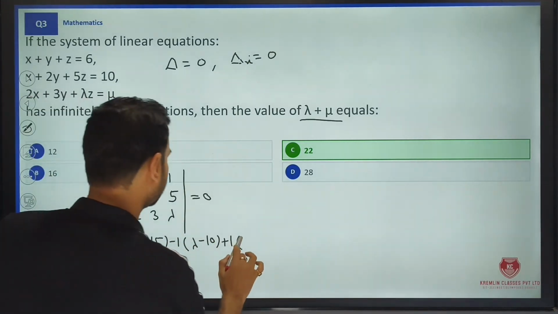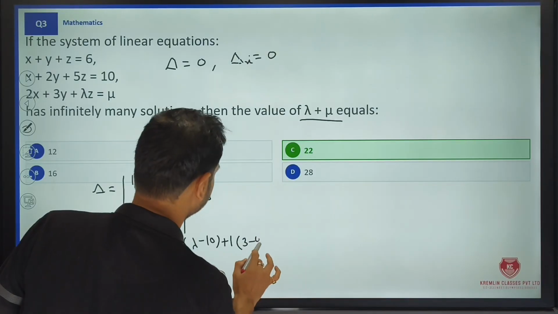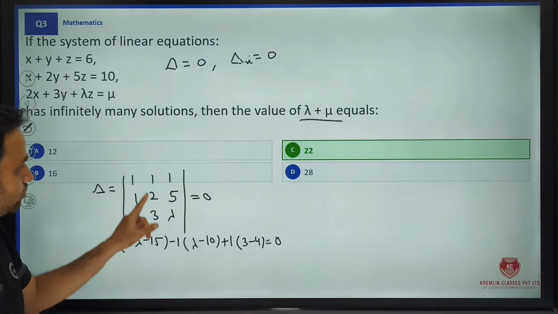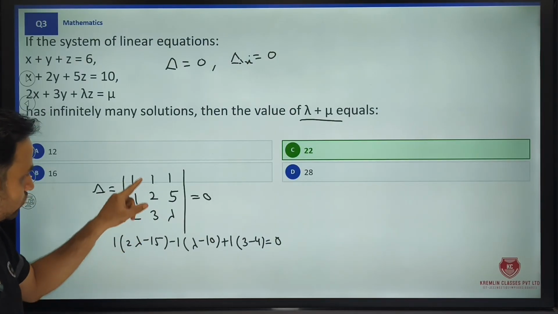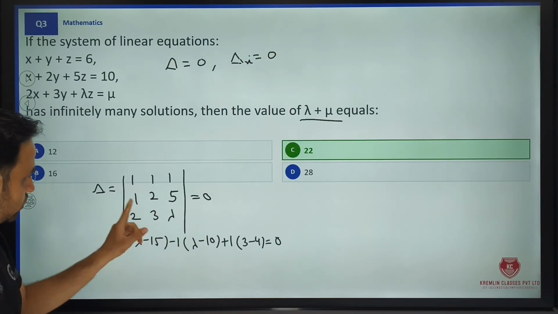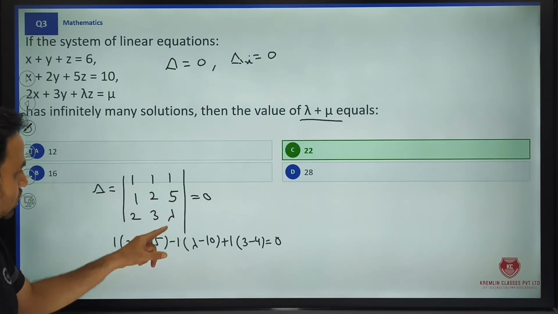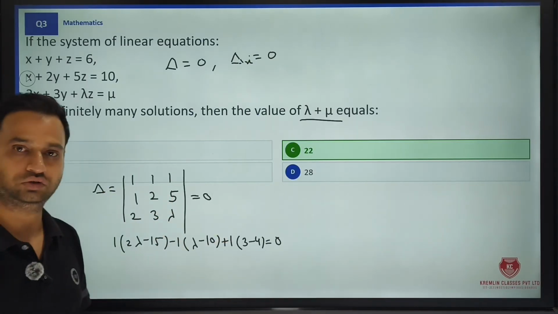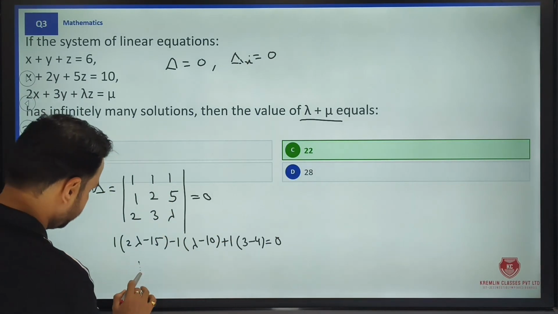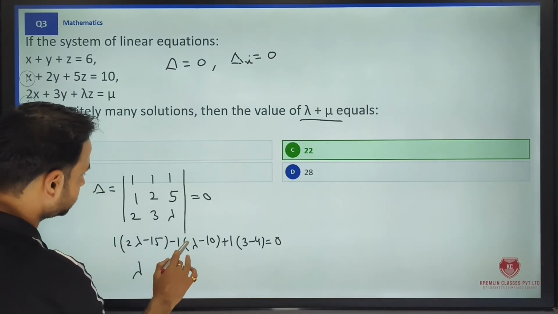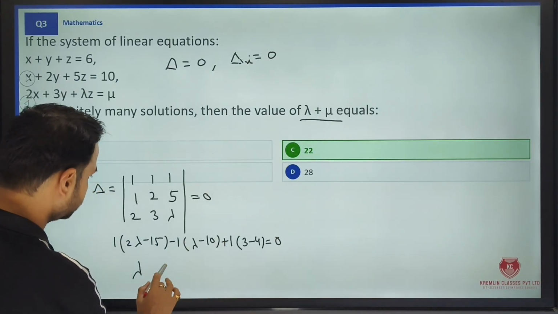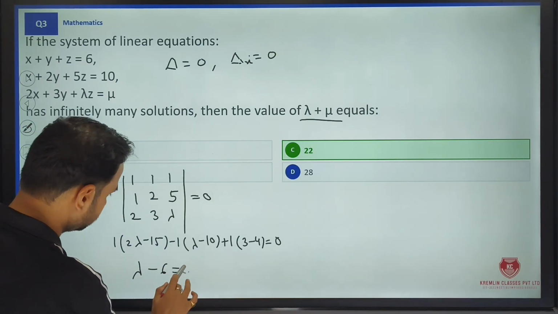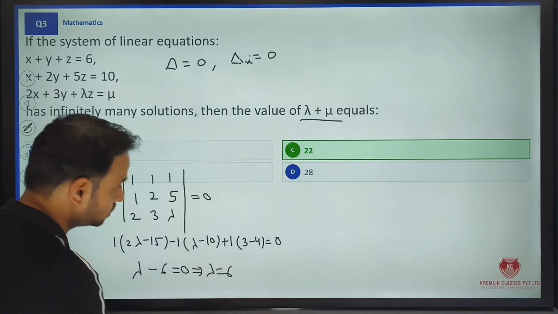Let's hope that the calculations will not be wrong. So I am cross checking it again, 2 lambda minus 15 minus 1, and this will be lambda minus 10. Again the last one is 3 minus 4, 0. Yes, it's correct. So it will be lambda minus 15 plus 10 minus 5 minus 5 minus 1. So lambda equals 6.